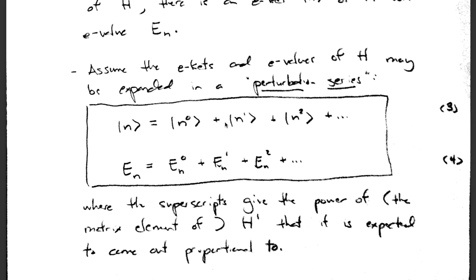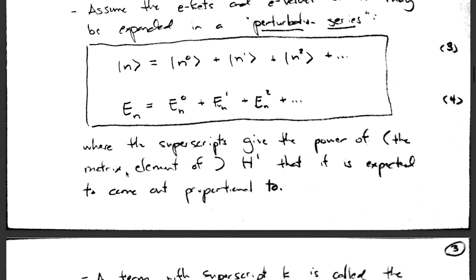So n2 would contain 2 powers, and because your small parameter is small, when you square it, it's going to get even smaller. So the goal or the hope is that at some point you can just cut this perturbative expansion off and obtain a fairly accurate solution for both the eigenkets and the eigenenergies.